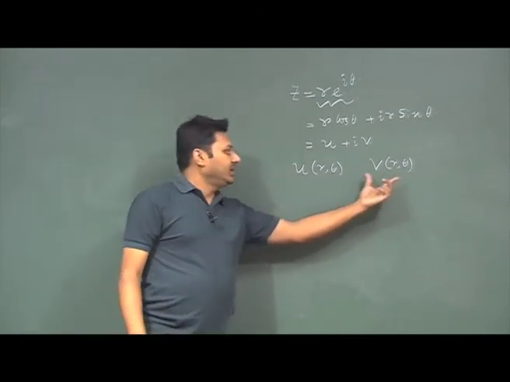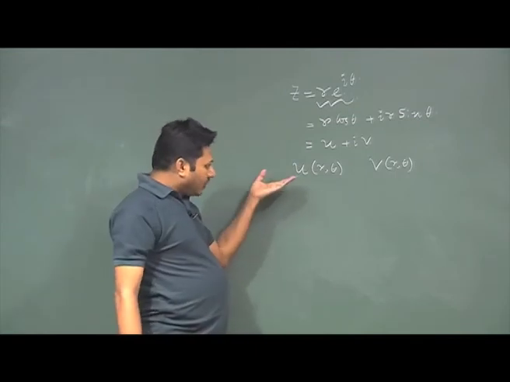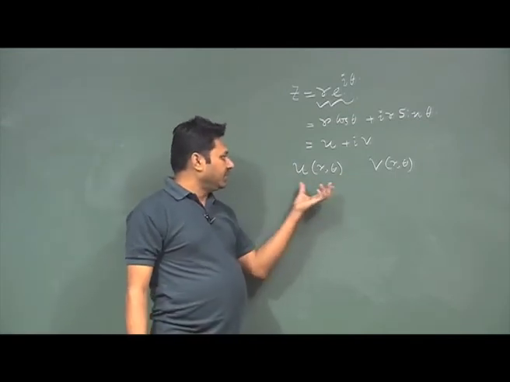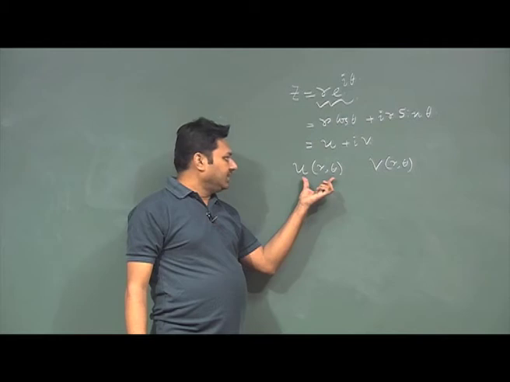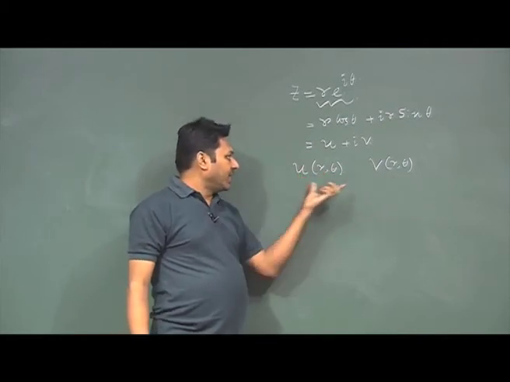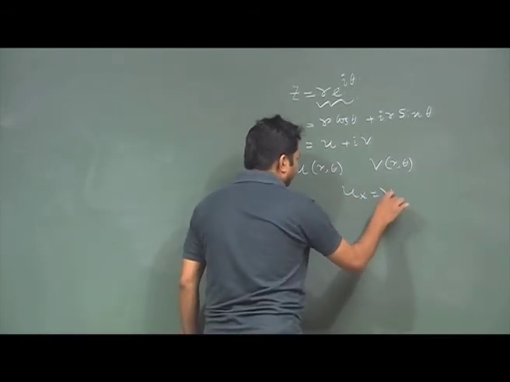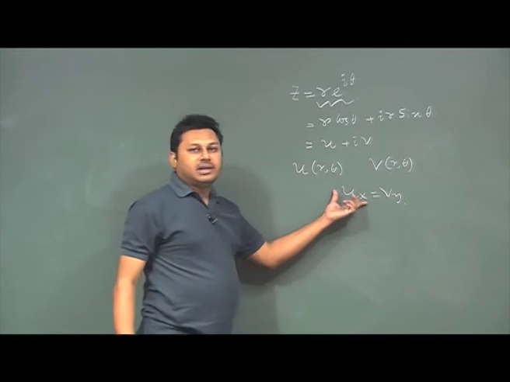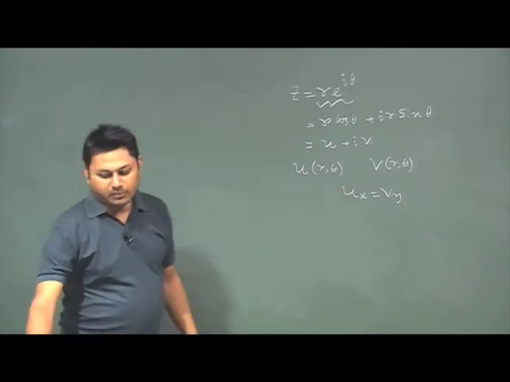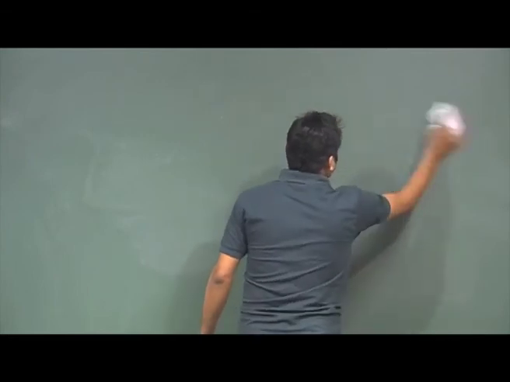Since u and v are now functions of r and theta, it is important to know the relationship between them in polar form. ux equal to vy is the Cartesian form of the CR equation, but I need to find out the polar form. Okay, so let us do it.